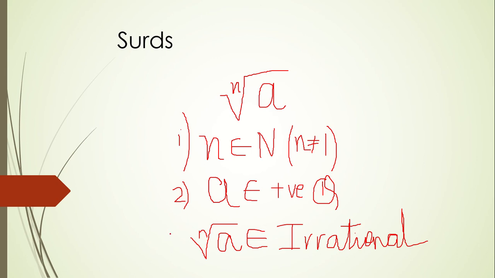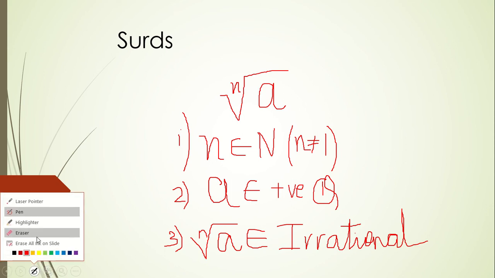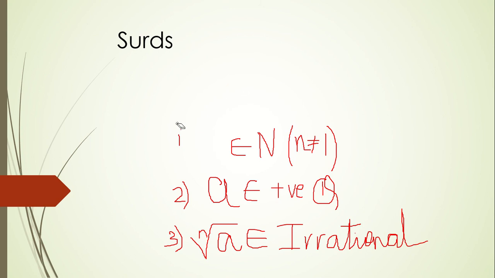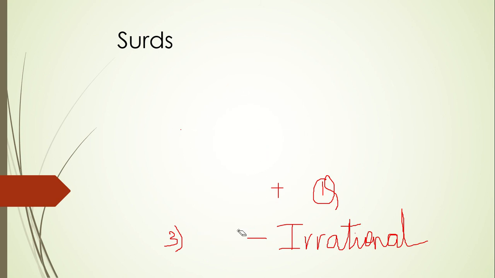And number 3, nth root of a, overall this number should be an irrational number. If all these 3 conditions are satisfied, then we say that particular number is a surd. I hope you have understood the definition of surd so far.